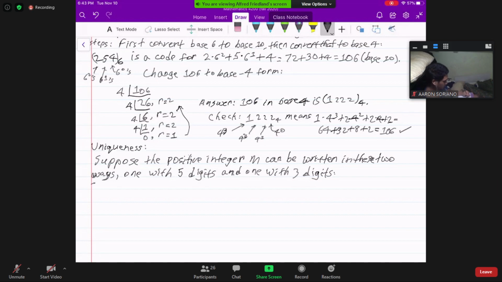Suppose, and again, I'm doing it for a semi-specific case of 5 digits and 3 digits. I say semi-general because I'm still using whatever the coefficients are. Suppose, for instance, m can be written in 5 digits as, say, a.